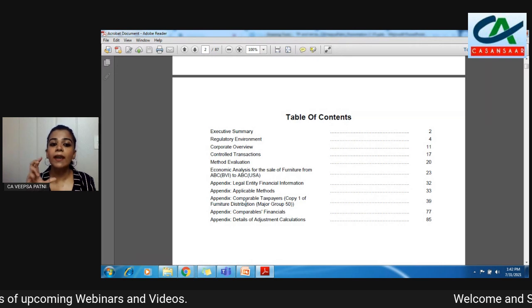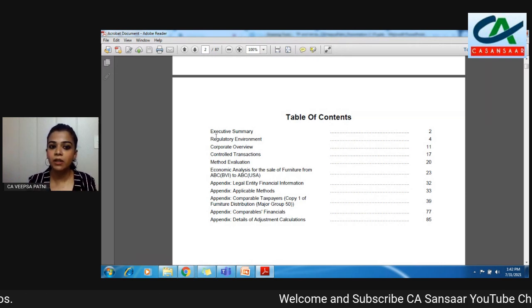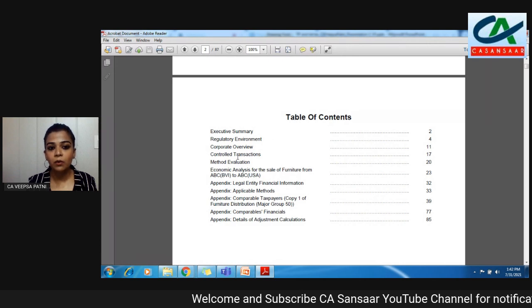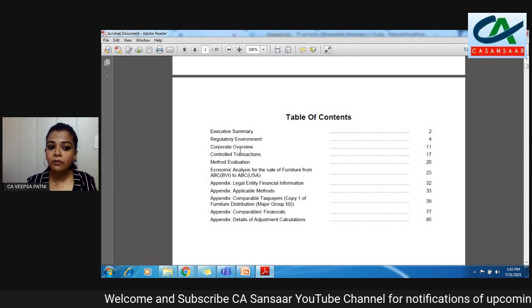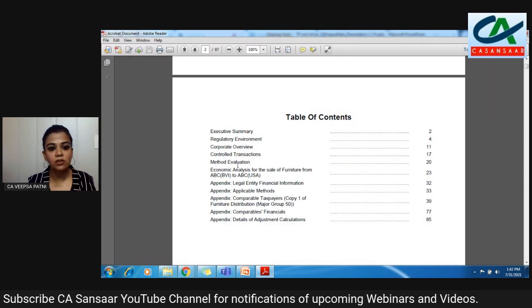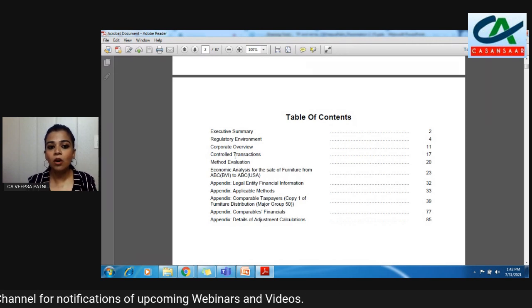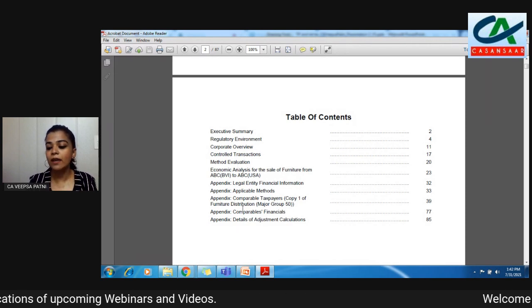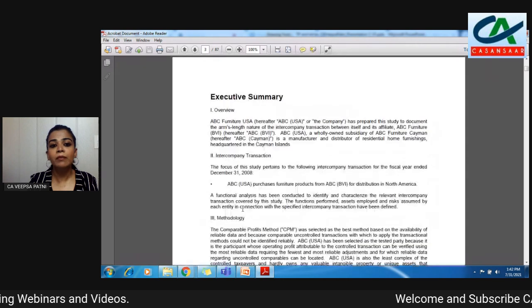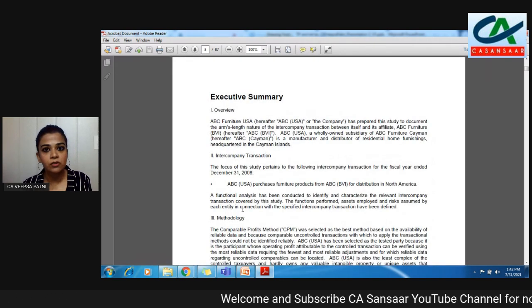As I told you, any transfer pricing report has a fixed structure. First there will be the executive summary, then the industry overview, group overview, controlled transactions, that means your international transaction overview, etc. So by looking at the list of contents, any management may ask where is this section, or take me through this section.